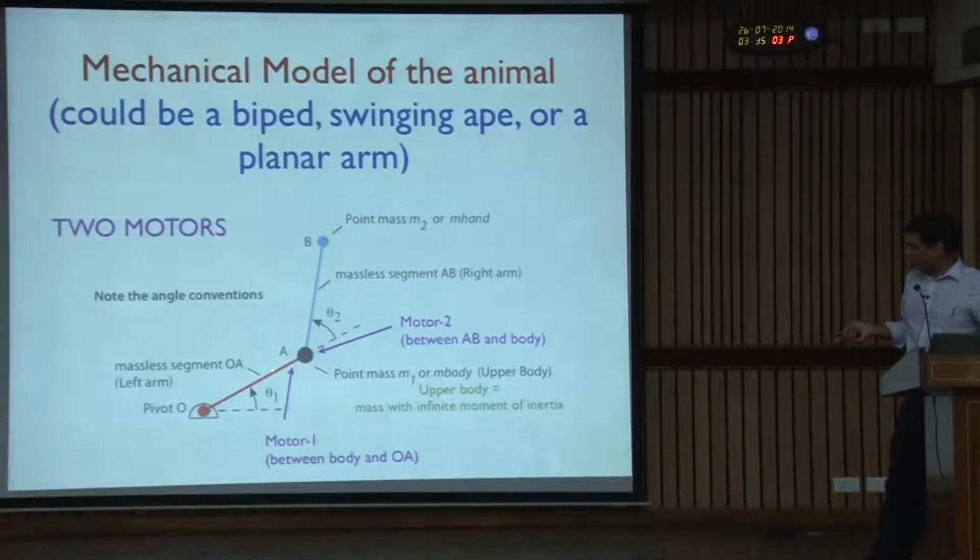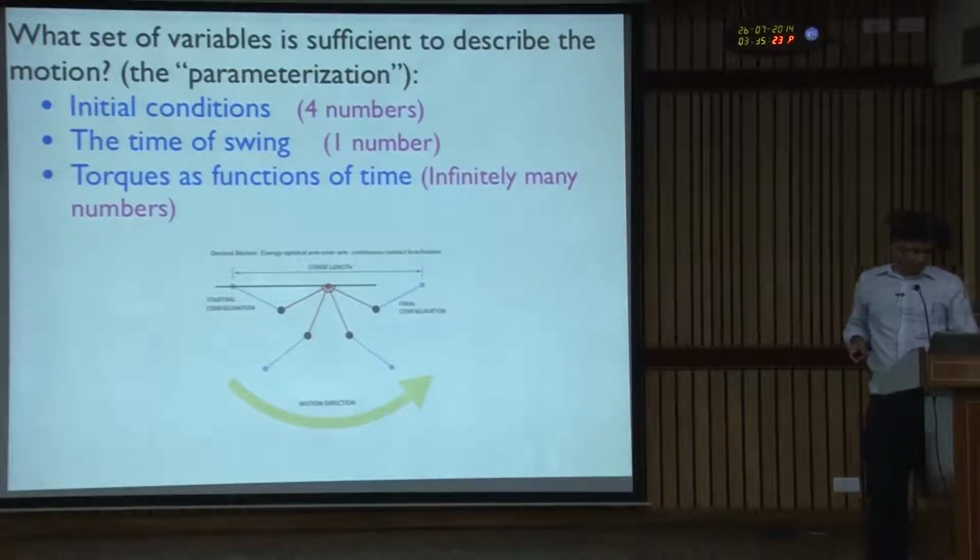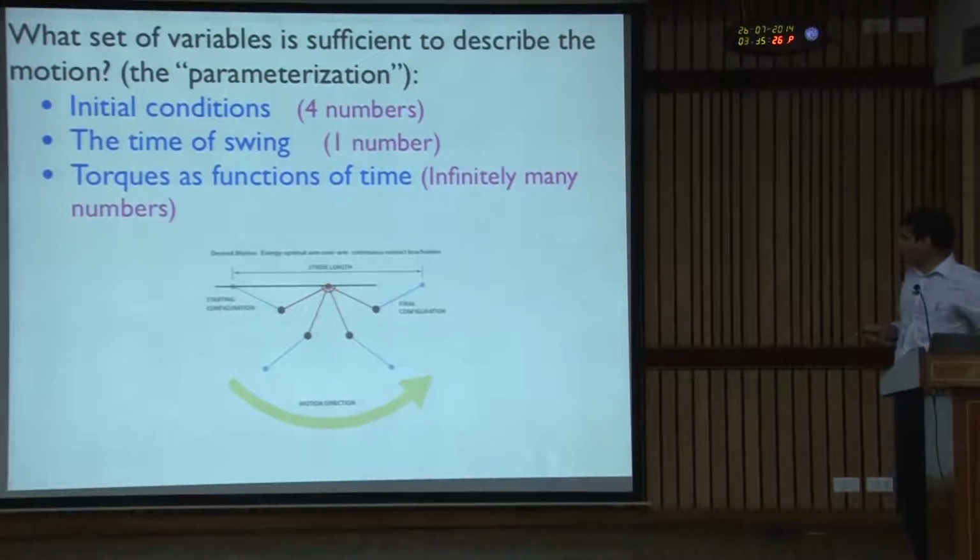And you have torques on either side, which can apply a torque between this body and this segment. So if you turn on this torque, this thing will rotate about the body. If you turn on this torque, this thing will rotate about the body. You can write the equations of motion, which maybe we'll see briefly.